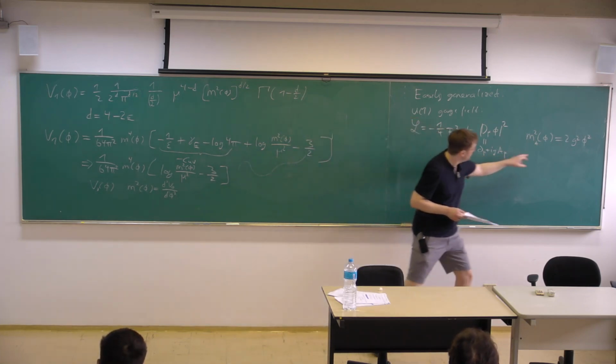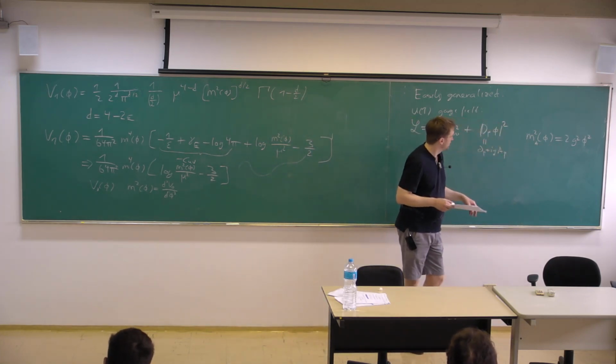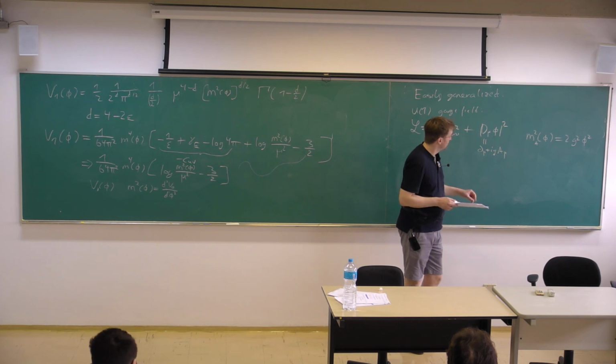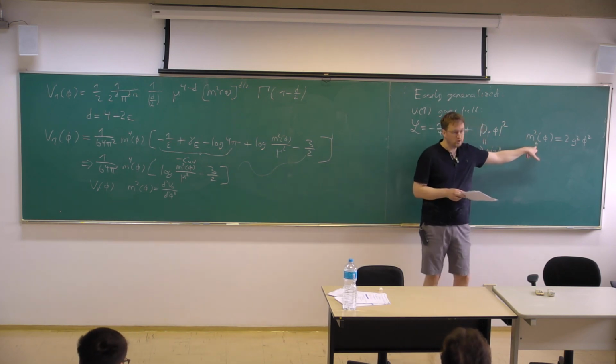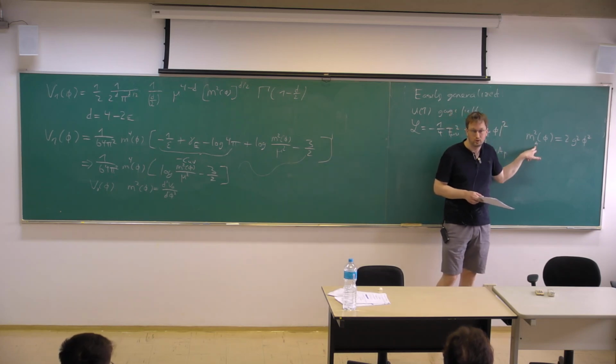Now I have a gauge field that gives a contribution. The quantum fluctuations of this gauge field give a contribution to the effective potential of the scalar phi.